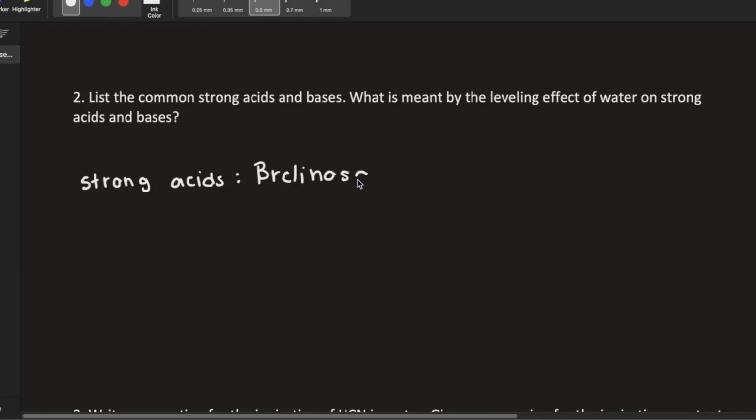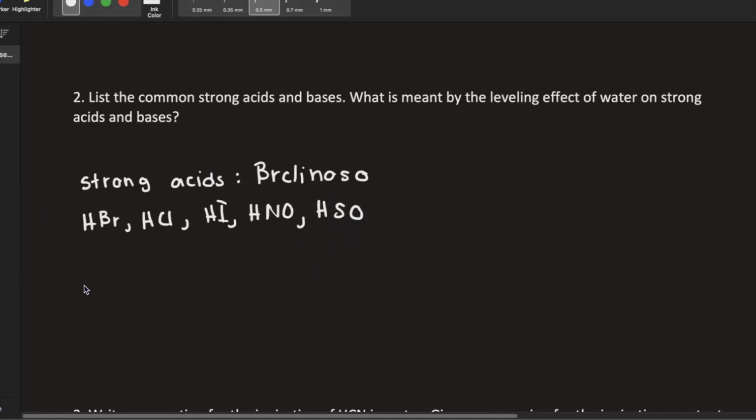So it's going to be HBr, HCl, HI, HNO, HSO. Now keep in mind, these are just the letters. It doesn't include any numbers.